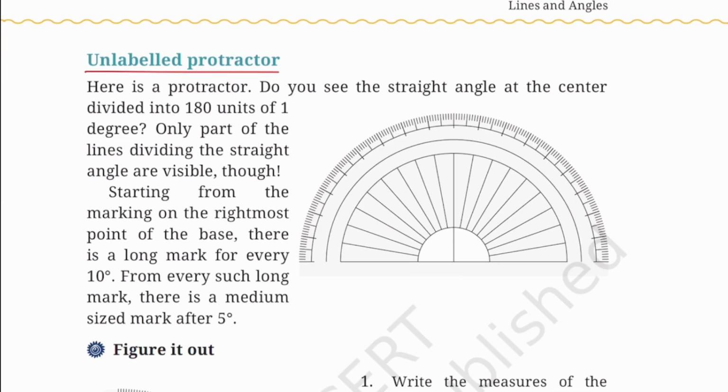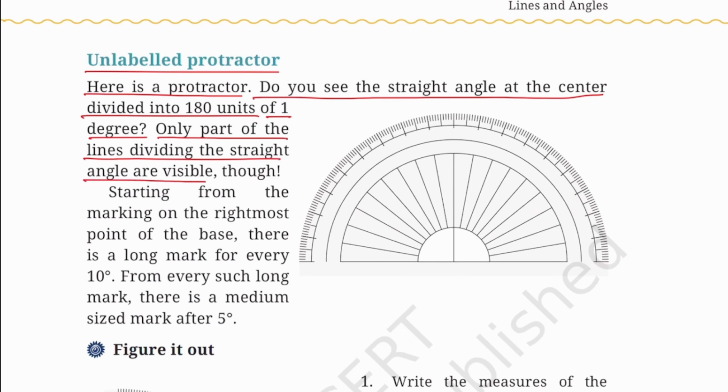Unlabeled protractor. Here is a protractor. Do you see the straight angle at the center divided into 180 units of 1 degree? Only part of the lines dividing the straight angles are visible though.